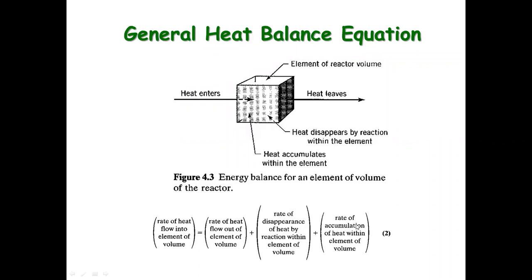Then we also have the rate of heat accumulation within the element of volume. So it is the same, only that we change mass to heat in this second equation.